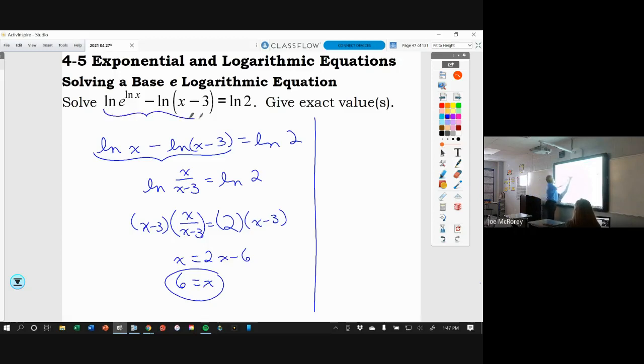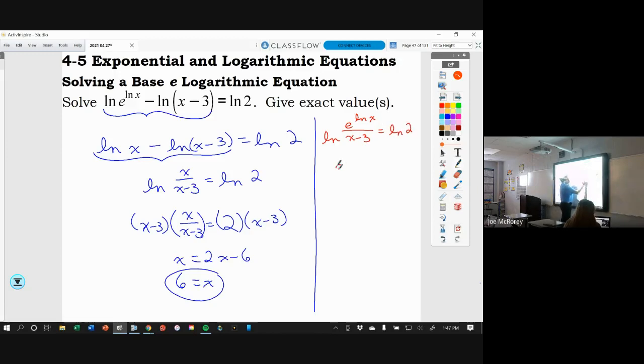Hannah took this and wrote that as a single log. So she wrote natural log of e to the natural log of x over x minus 3 equals natural log of 2.